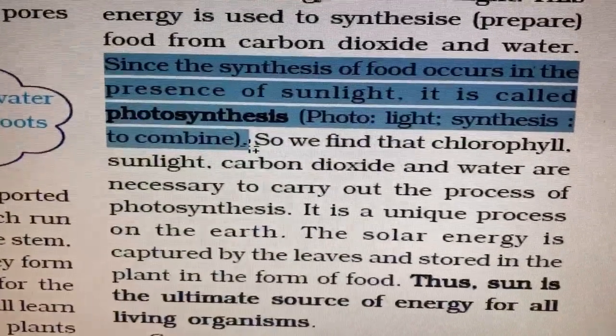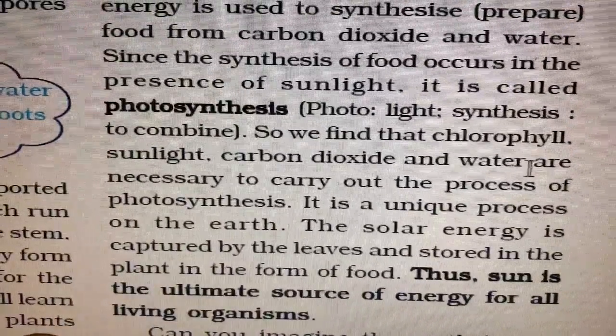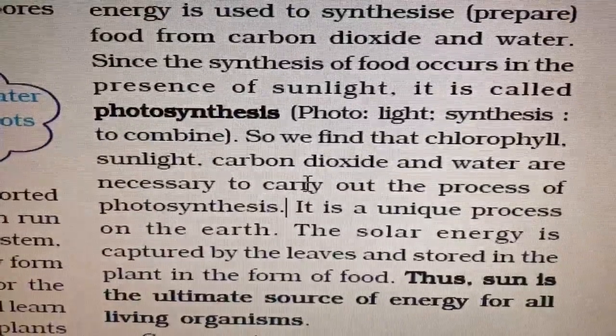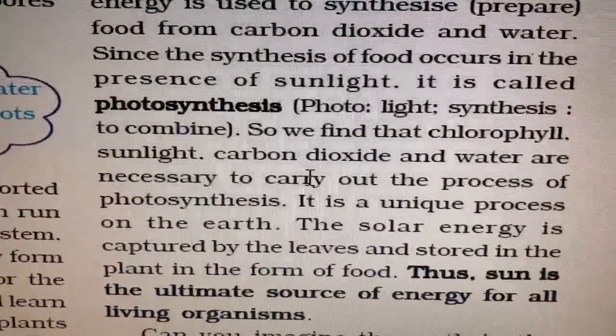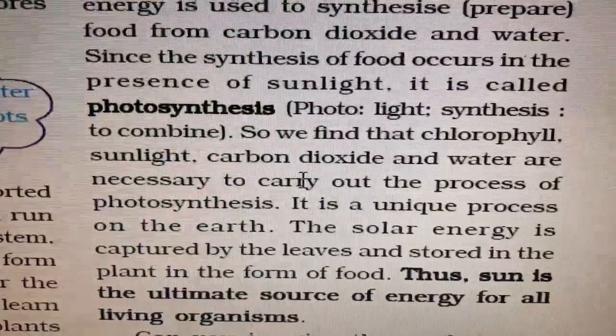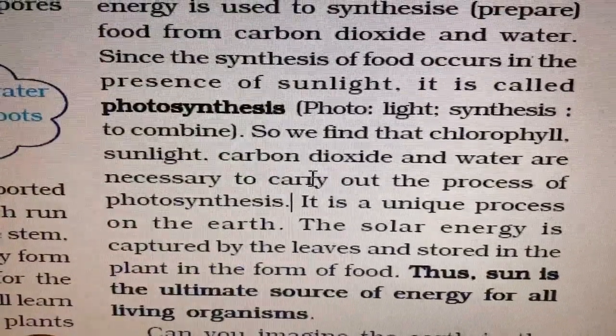We find that chlorophyll, sunlight, carbon dioxide and water are necessary to carry out the process of photosynthesis. First, chlorophyll; second, sunlight; third, carbon dioxide; and fourth, water.